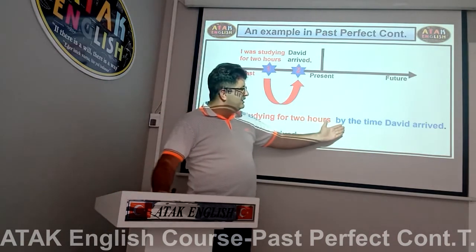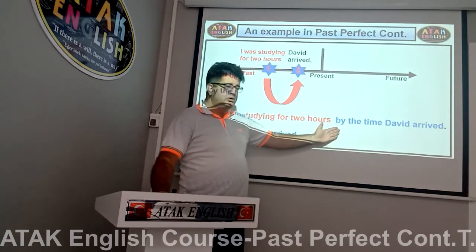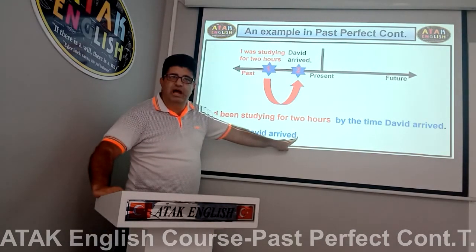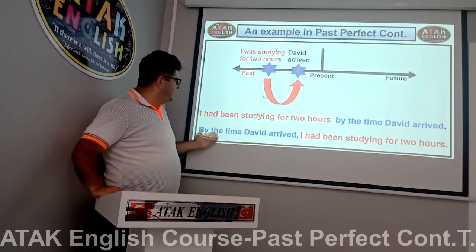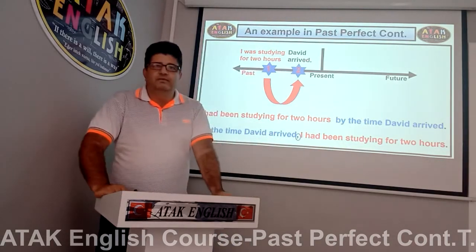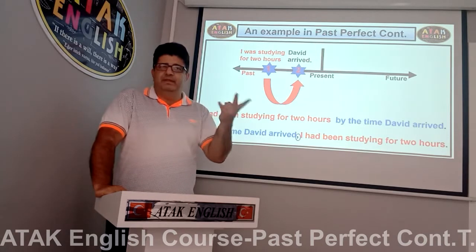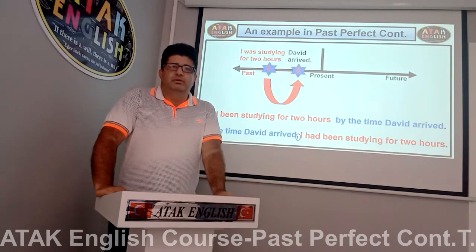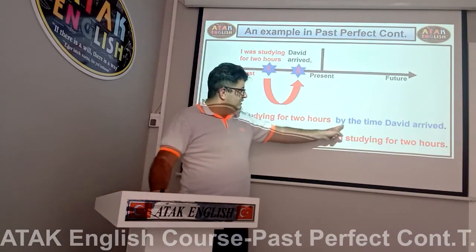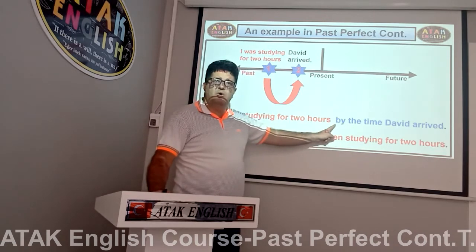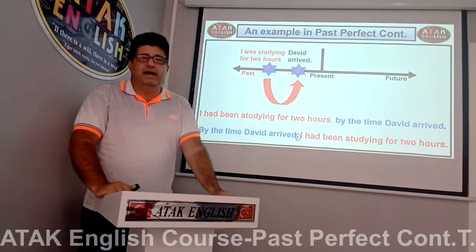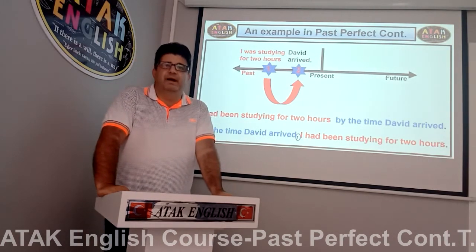If I bring by the time clause to the beginning of the sentence, then I should use comma. By the time David arrived, comma, I had been studying for 2 hours. So if I flip it around or interchange it, then that's the difference. If the conjunction clause is in the middle, no comma. If the conjunction clause is at the beginning, we should combine two actions with a comma.